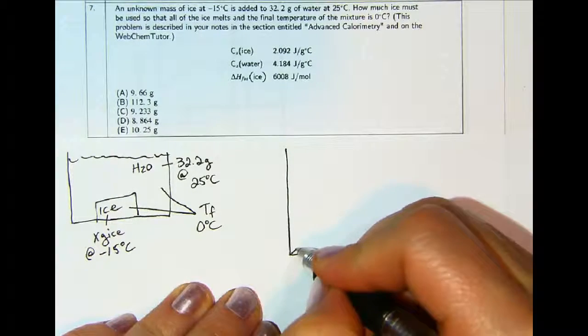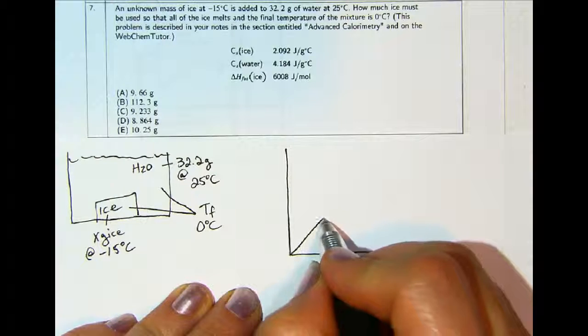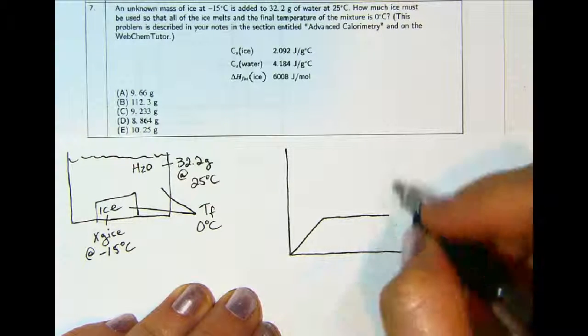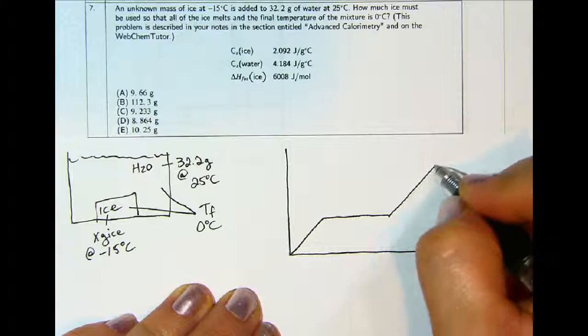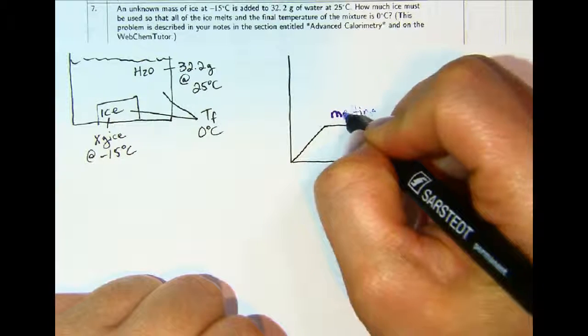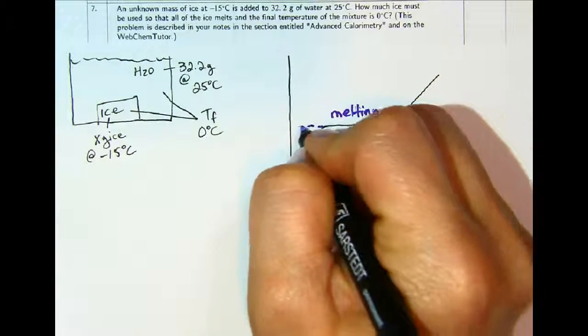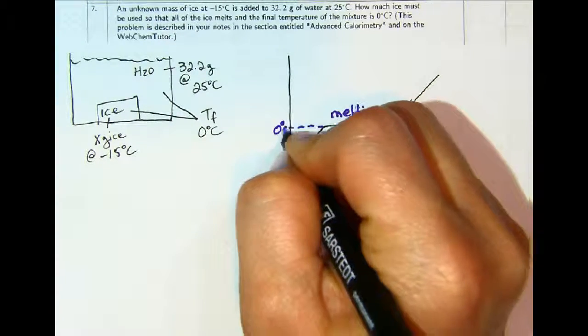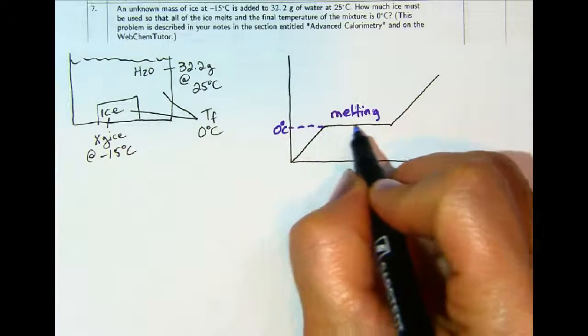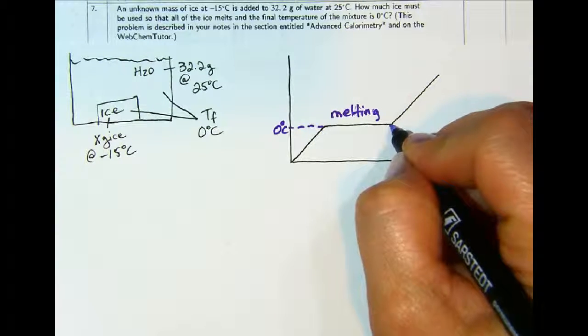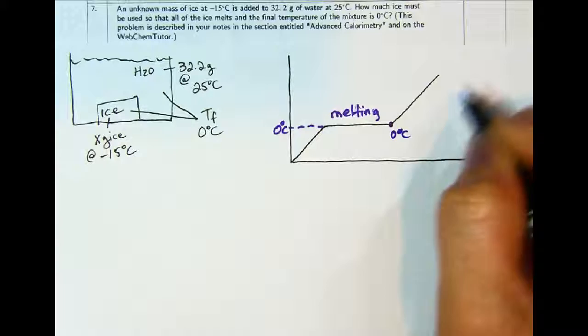So here is solid, then here is melting, and then here is liquid. So here's where melting occurs, and right there it would be at 0 degrees Celsius. So all the way across here is 0 degrees Celsius.